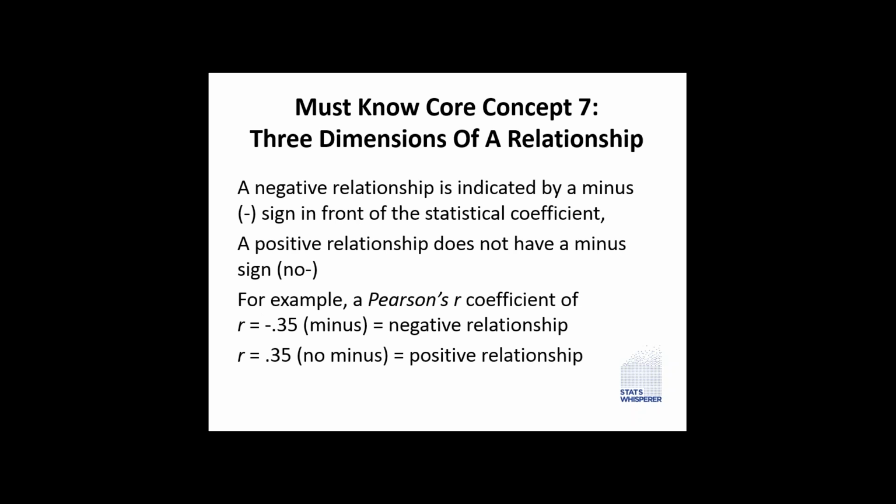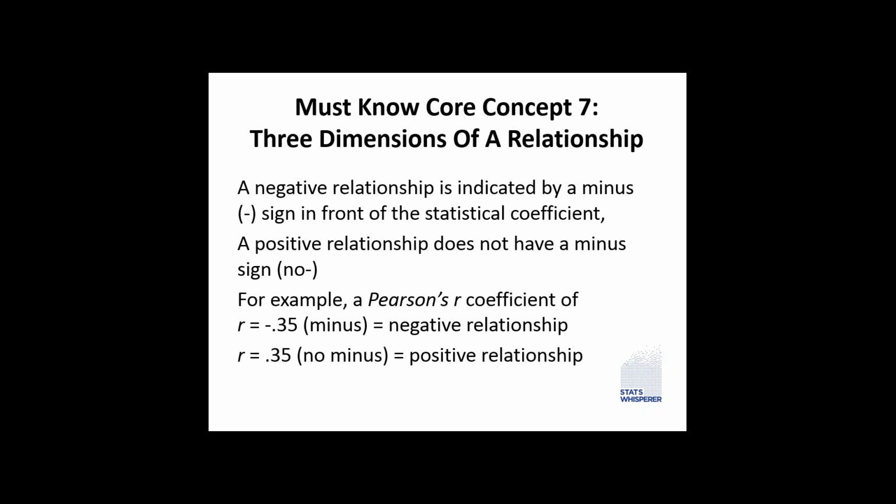The negative relationship is often portrayed by a minus sign in front of the statistical coefficient. And if there's no minus sign, it's usually a positive relationship. For example, on the bottom, you see for the Pearson's R, the correlation, if R equals negative 0.35, there's a minus, it means it's negative.